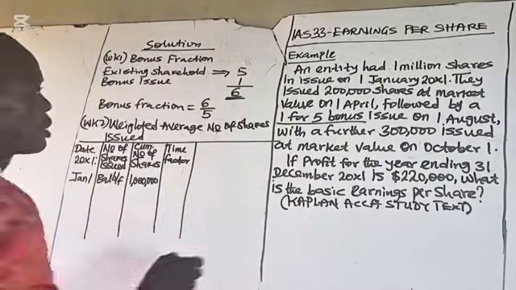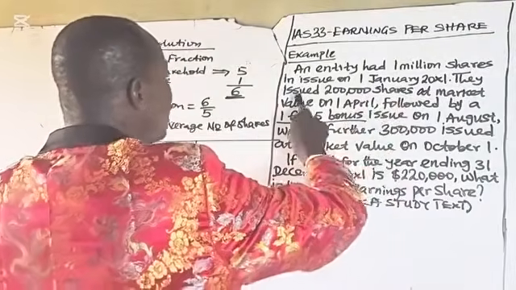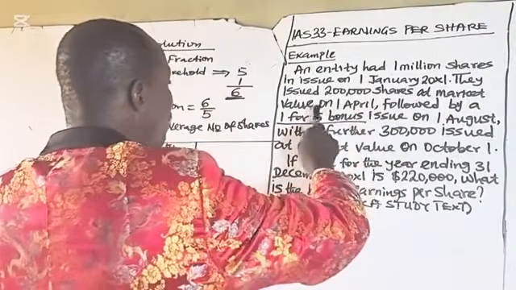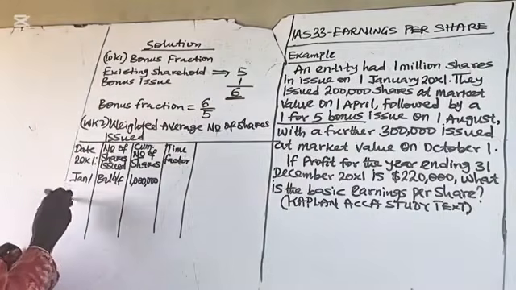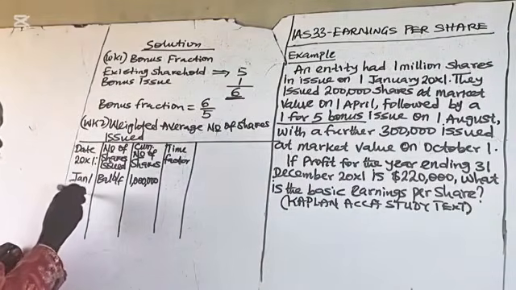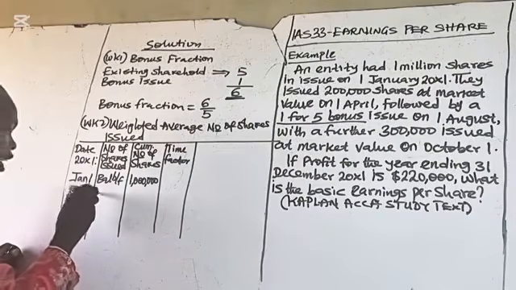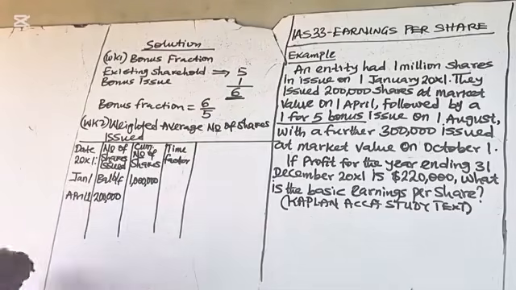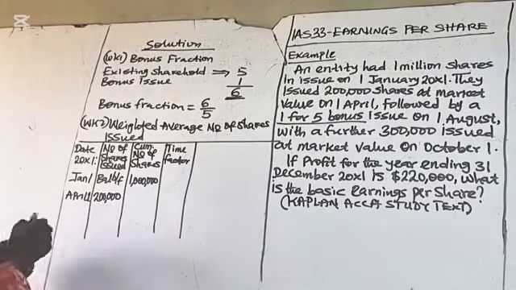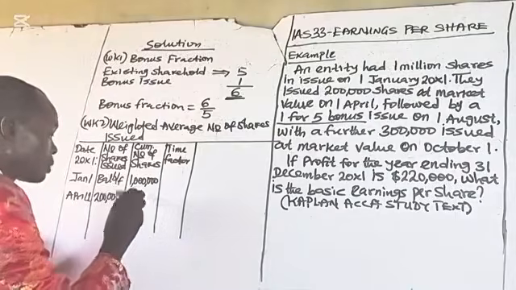Then they issued 200,000 shares at market value on April 1st. That means the cumulative number of shares becomes 1.2 million. 1 million plus 200,000 is 1.2 million shares.